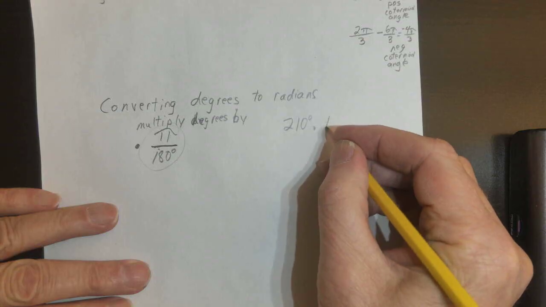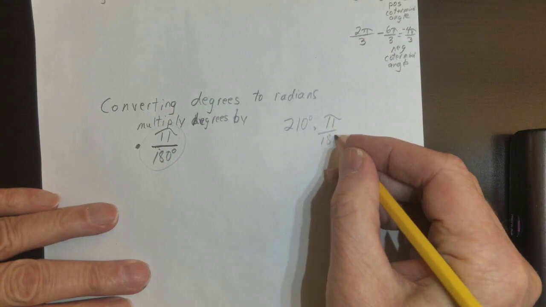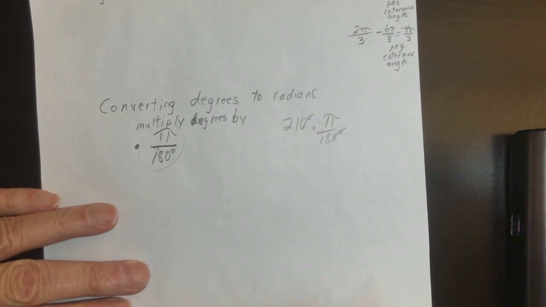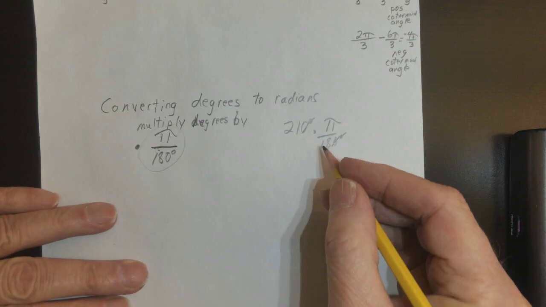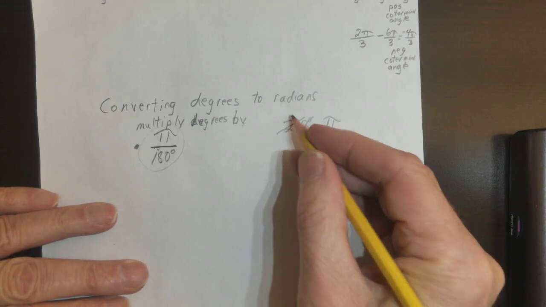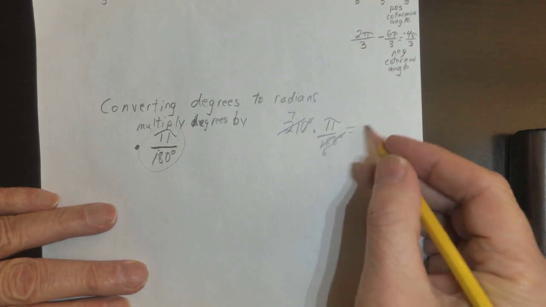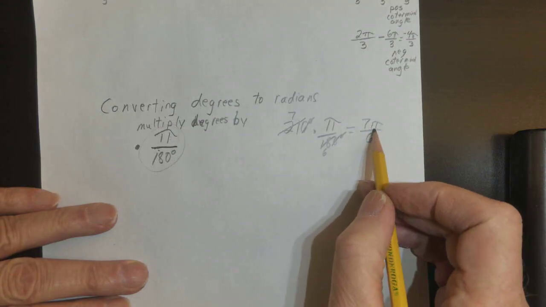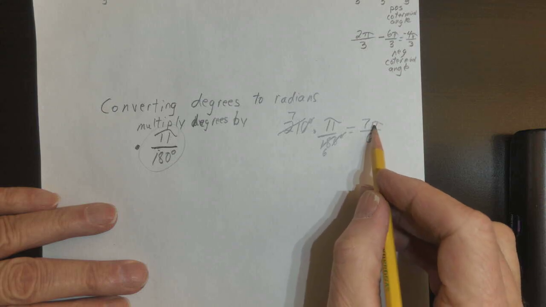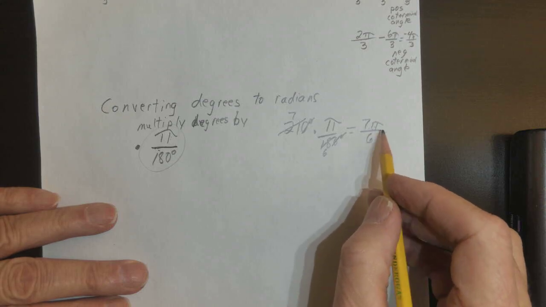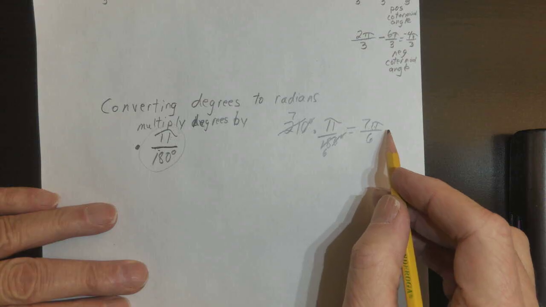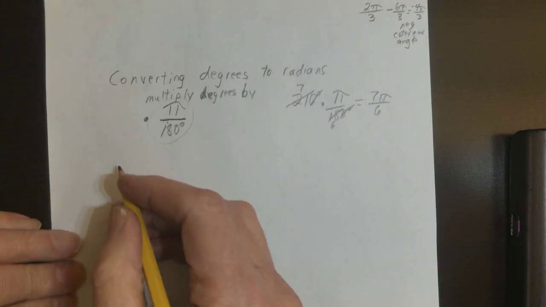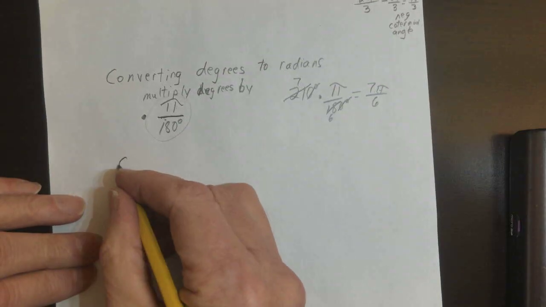If I multiply that by pi over 180 degrees, the degrees are going to cancel out. I'm going to divide by 10, so I can just cross off those zeros. If I divide by 3, that's 7, and that's 6. So this is 7 pi over 6 radians. And a lot of times, if it's written as a multiple of pi, it is considered to be radians, or understood to be radians. And then we did some practice problems on that.